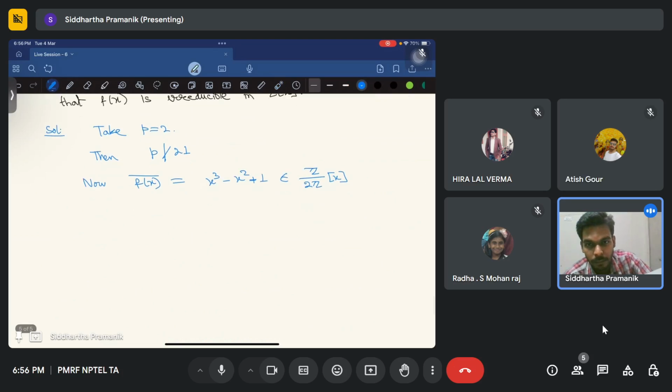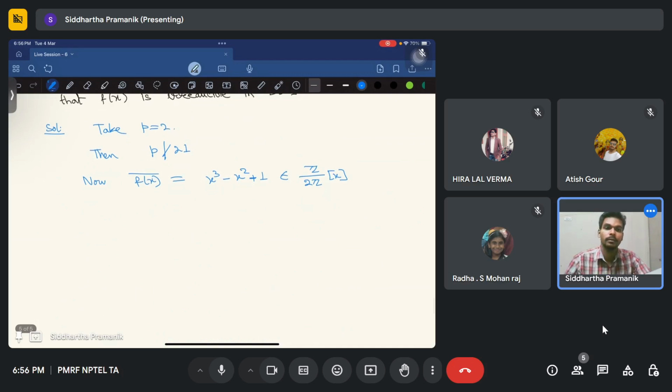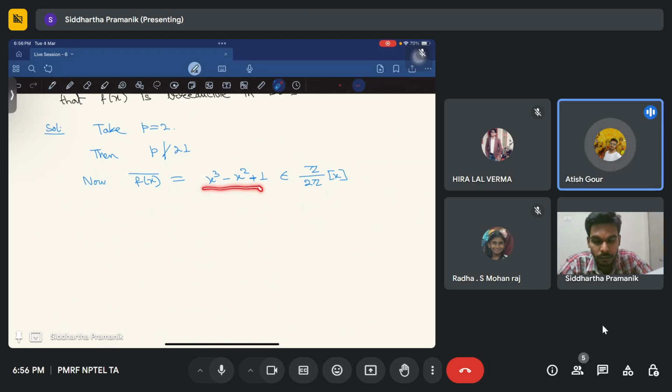Do you have some argument here to prove that it is irreducible? So if this polynomial is reducible, then what can you say?